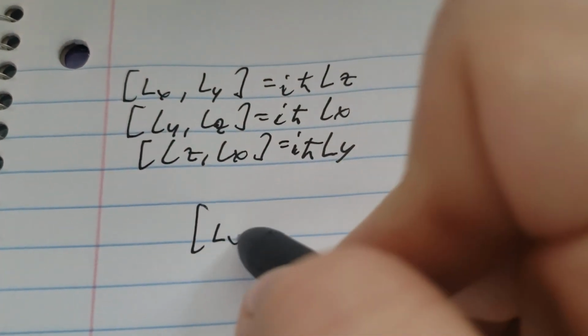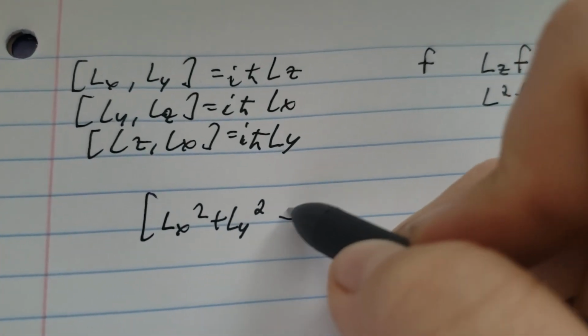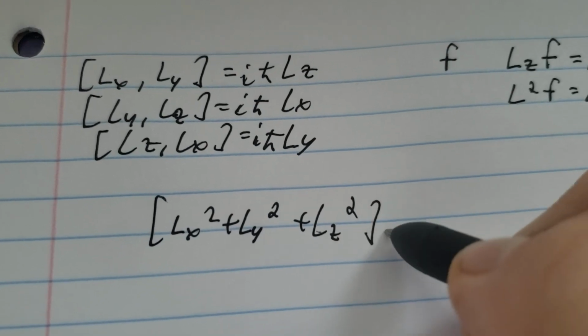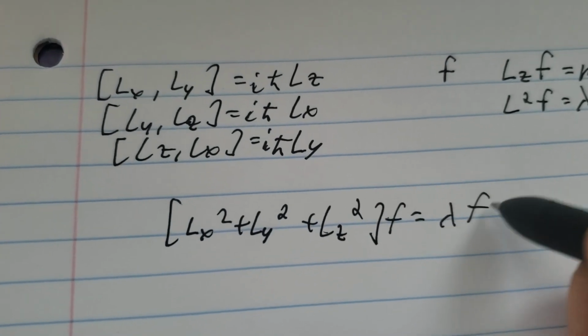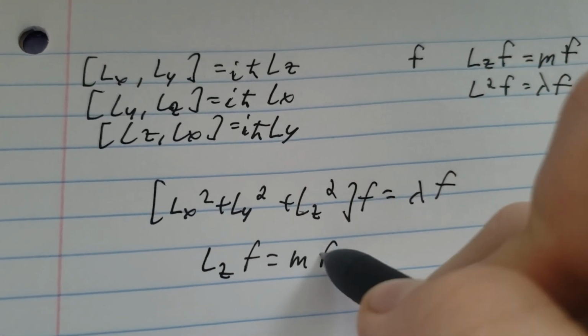Well, we can rewrite this equation: Lx squared plus Ly squared plus Lz squared f equals lambda f, and Lz f equals m times f.